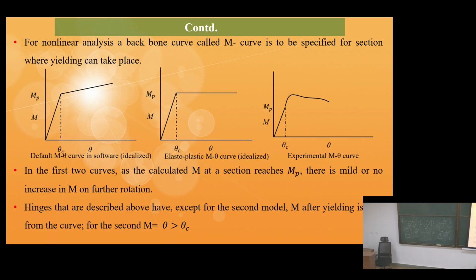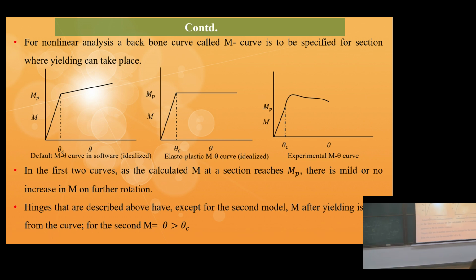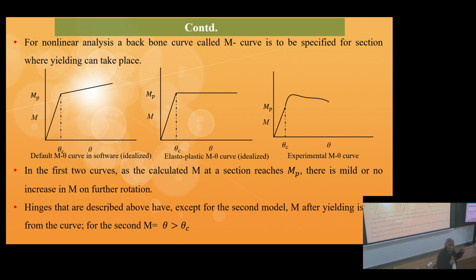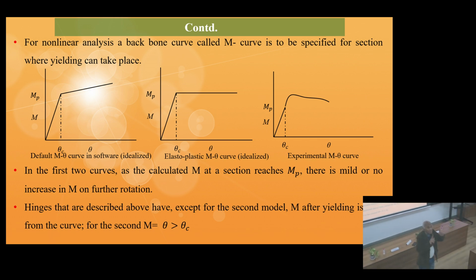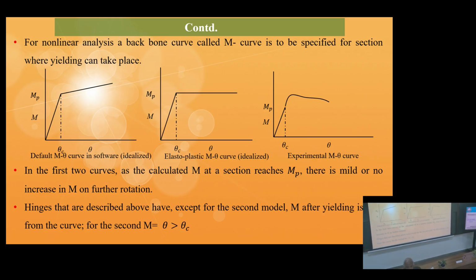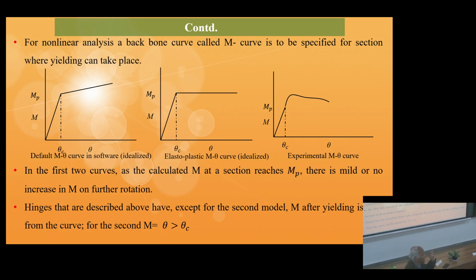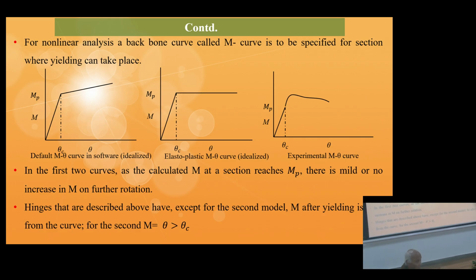So there is a difference between a pushover analysis. The backbone curve remains the same, but in the pushover analysis these hysteresis loops don't appear. But in the dynamic analysis, we find that because of these kinds of backbone curves, hysteresis loops are obtained.